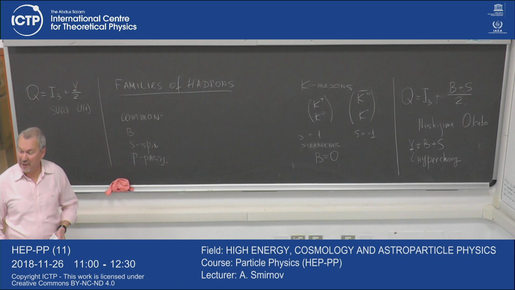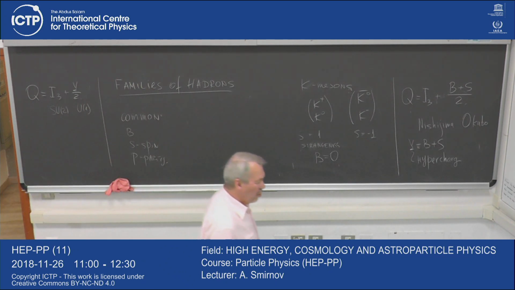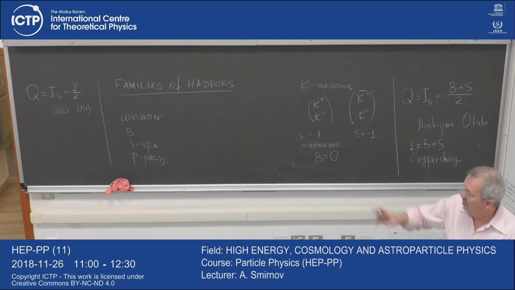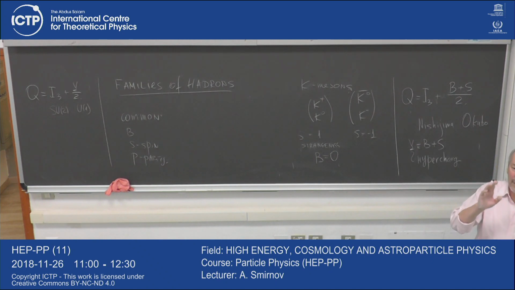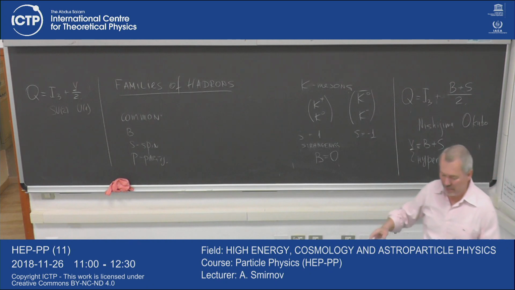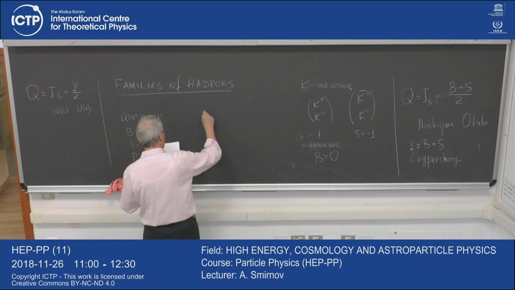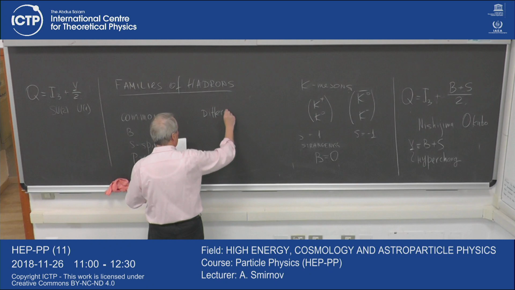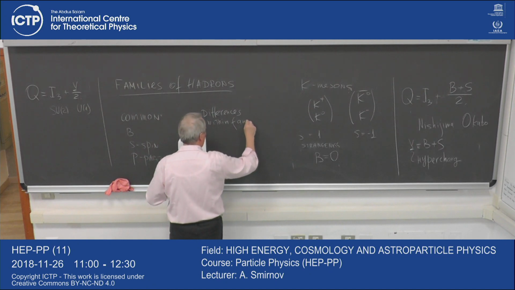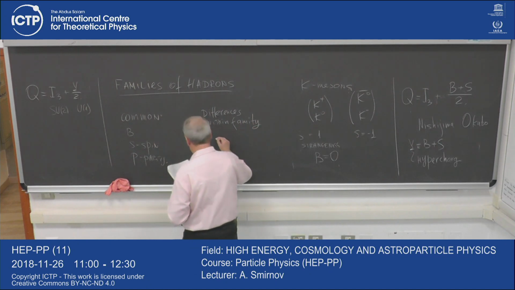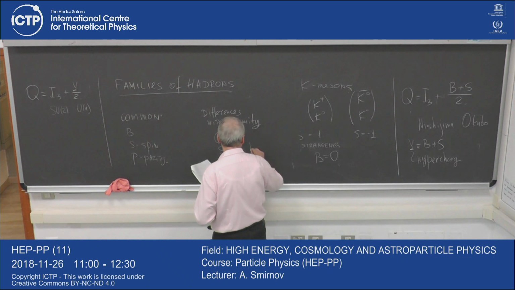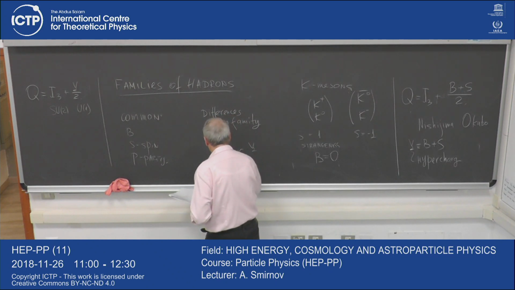All the members of a family have the same B, spin, and parity. Within the family, what distinguishes particles, the differences within the family, are the following: electric charge and strangeness or hypercharge.